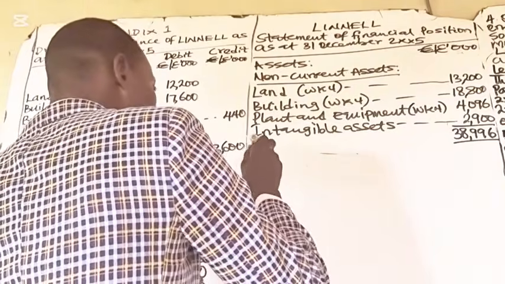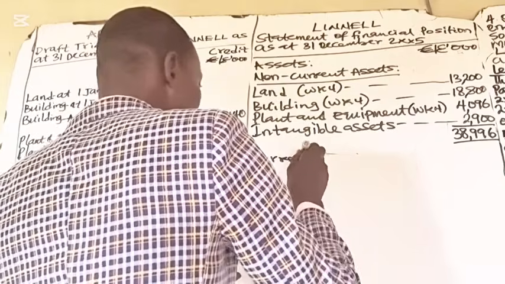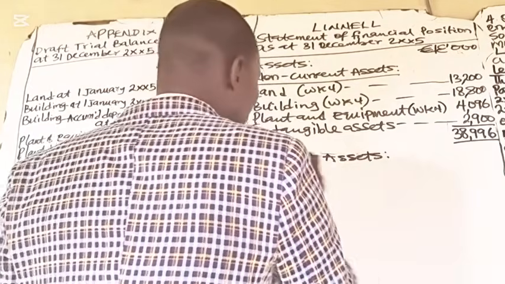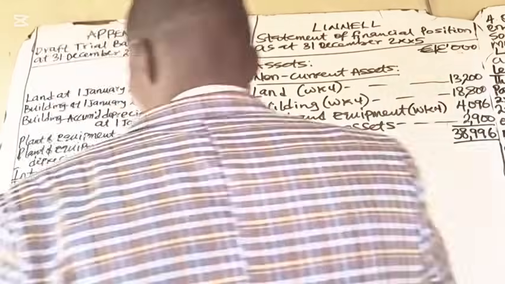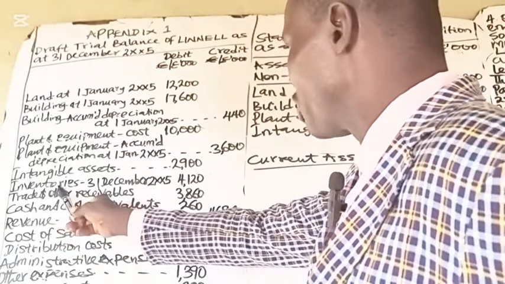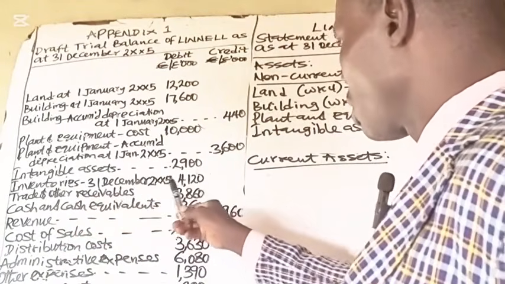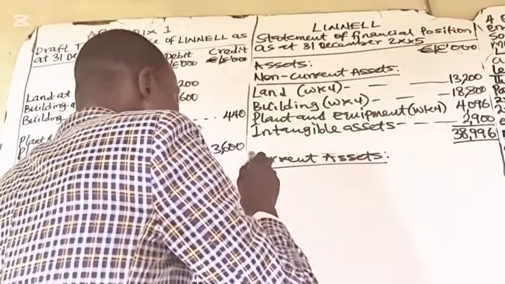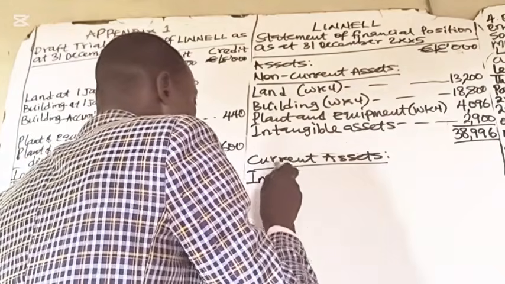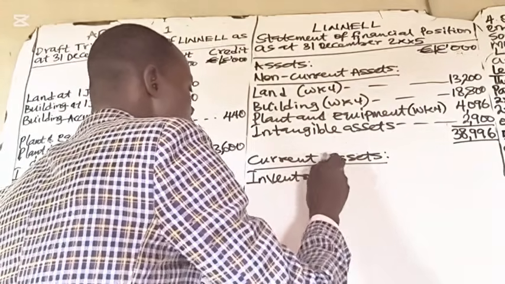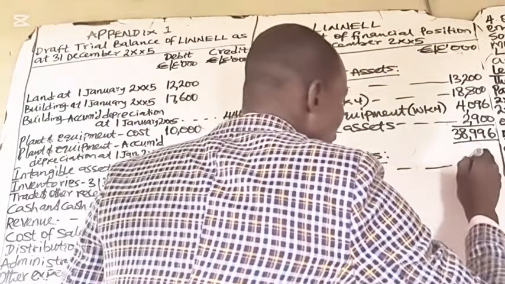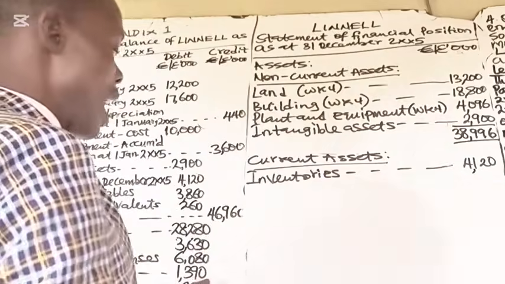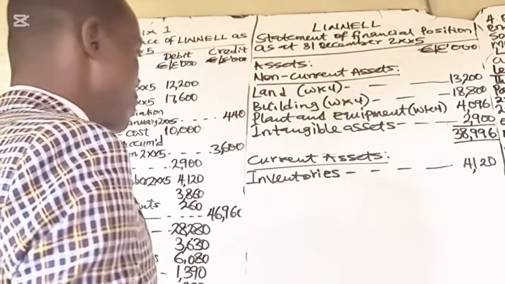After non-current assets, we have current assets. Our current assets include inventories of 4,120. That is the closing inventory, and that amount is obtained from the trial balance.